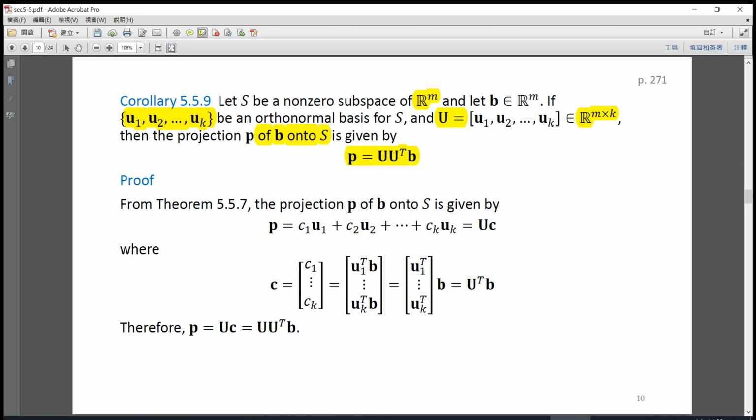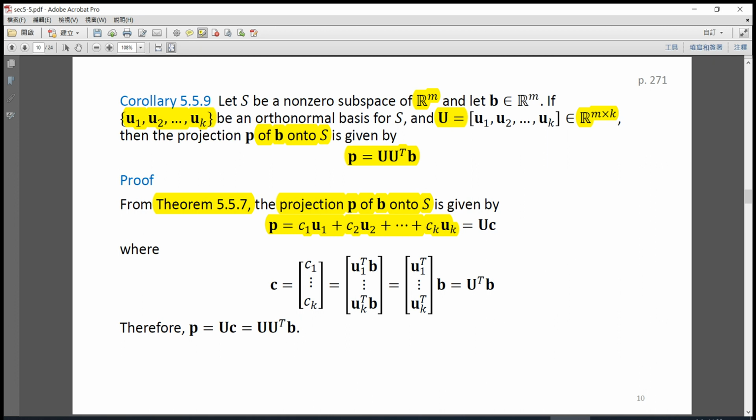To prove Corollary 5.5.9, we know that the projection P of B onto S is given by the linear combination of the orthonormal basis vectors. This is due to the result of Theorem 5.5.7.